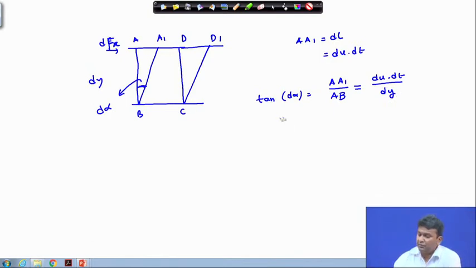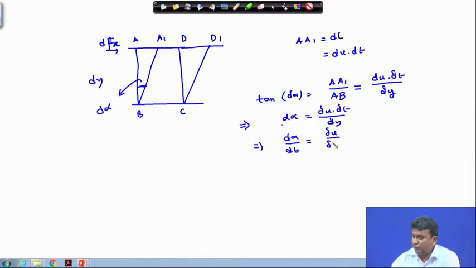Again, for small d alpha, tan d alpha is equal to d alpha, so d alpha is equal to du dt divided by dy, and consequently d alpha dt, or del alpha del t, is equal to del u del y.